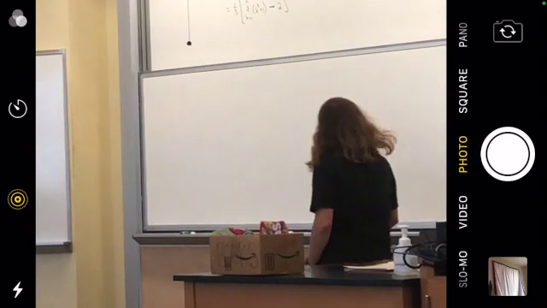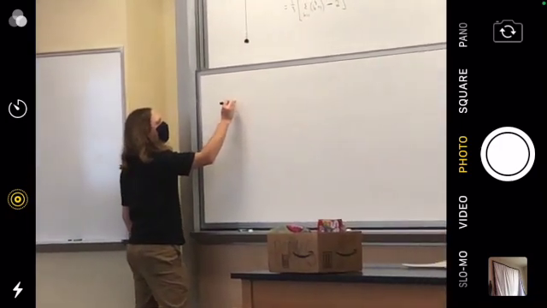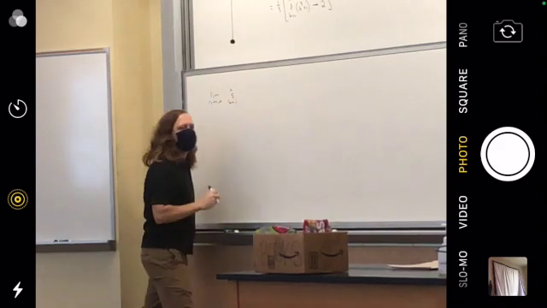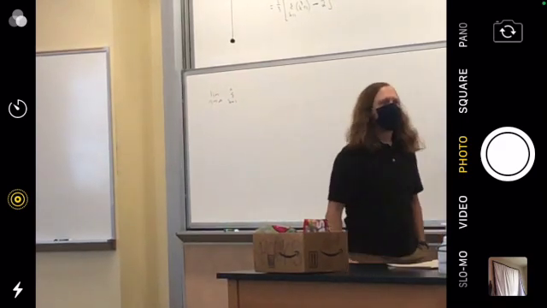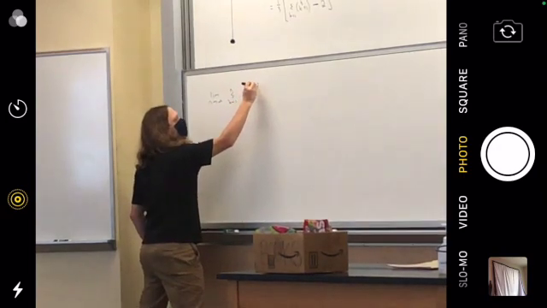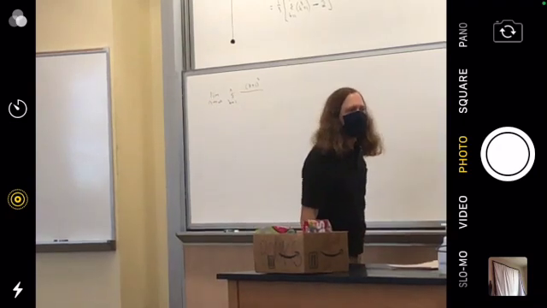Alright, let's find, of course we're going to do this, the limit as n goes to infinity of the sum from k equals 1 to n of (k plus 1) cubed divided by 3n to the 4.